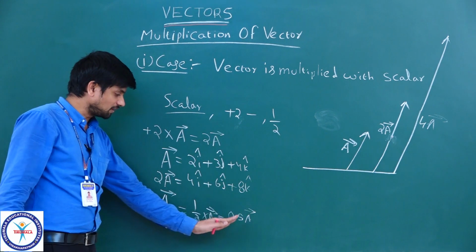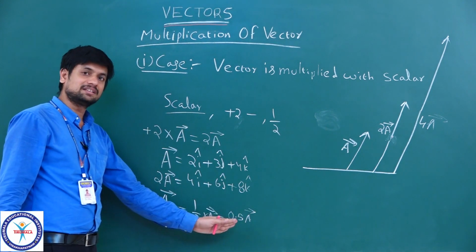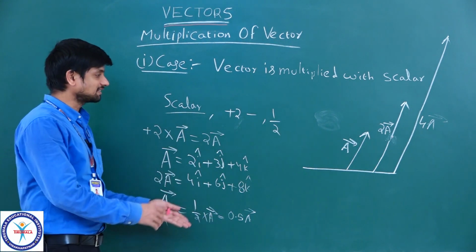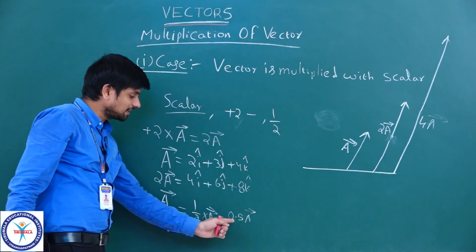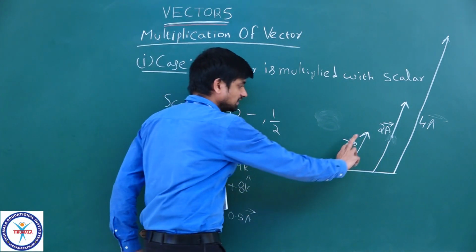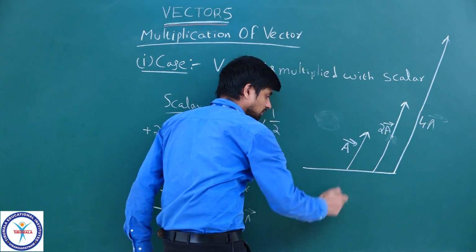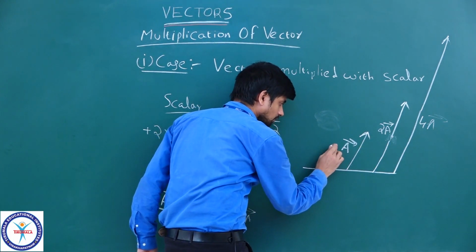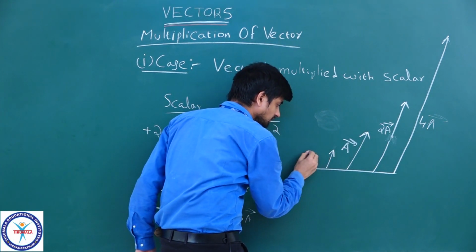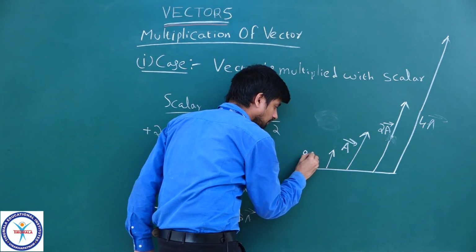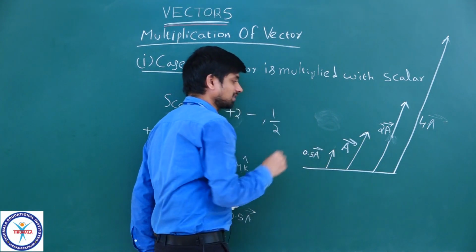If you convert into a decimal number, you can see it is nothing but multiplication. So here the size will be reduced, by how many times? Half. So this is half of this one, this is 0.5 a bar.